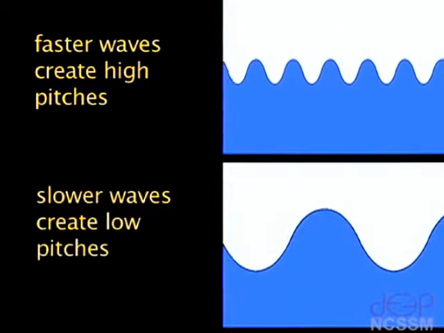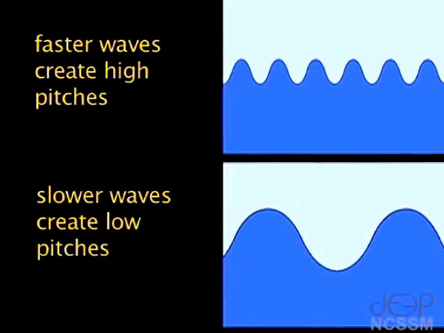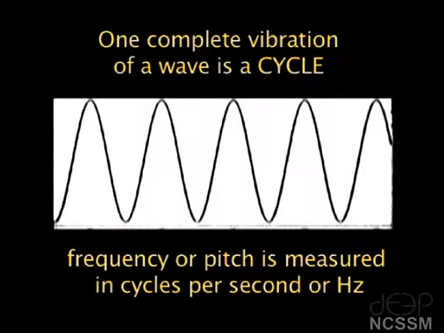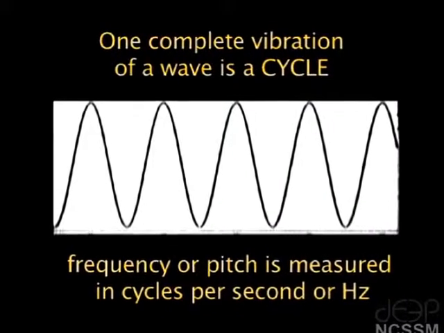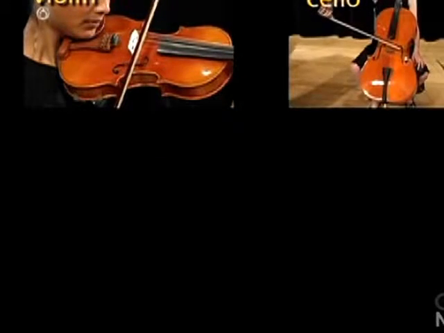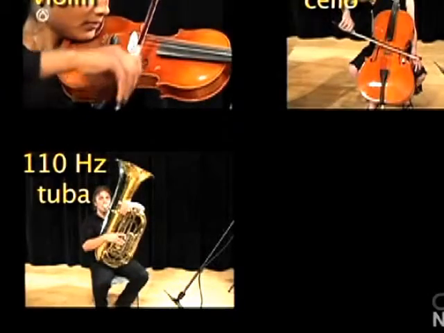Slower waves or frequencies represent low pitches. Fourth, one complete vibration of a wave is a cycle, and frequency or pitch is measured in cycles per second. Finally, octave relationships between pitches are represented by a doubling relationship.